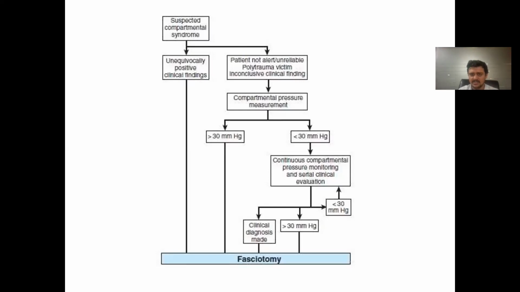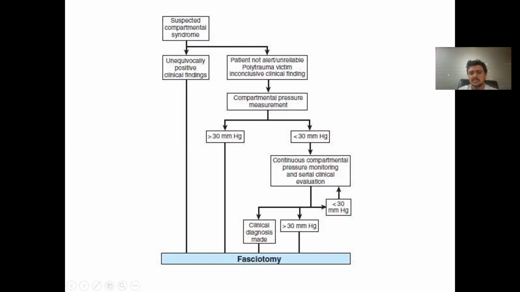If compartment pressure is less than 30 mm Hg, you have to continuously measure the compartment pressure, with serial clinical evaluation and compartment pressure evaluation. If in the course of this evaluation you find a clinical diagnosis to confirm the compartment syndrome, do fasciotomy.